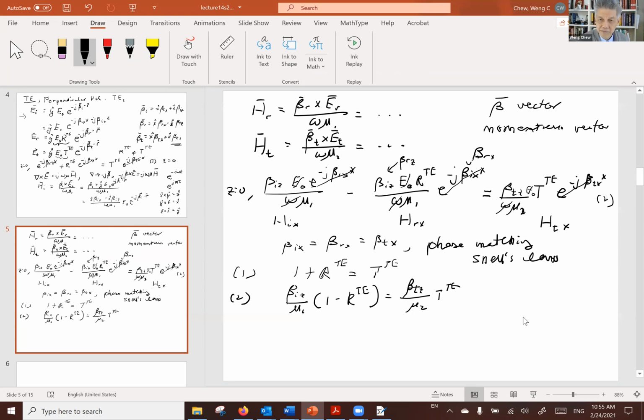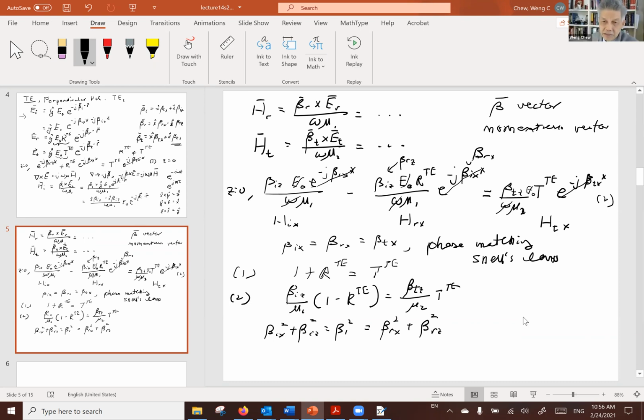But we know that these are plane wave solutions in two different regions. Because they're plane wave solutions, it has to be true that beta Ix squared plus beta Iz squared is beta 1 squared. And that is also true for the reflected plane wave. So beta Rx squared plus beta Rz squared must also be equal to the same constant.